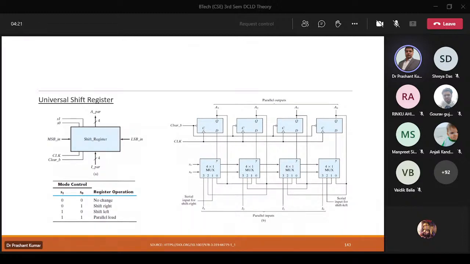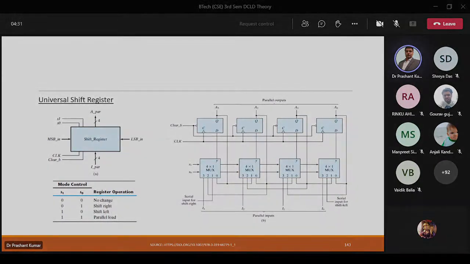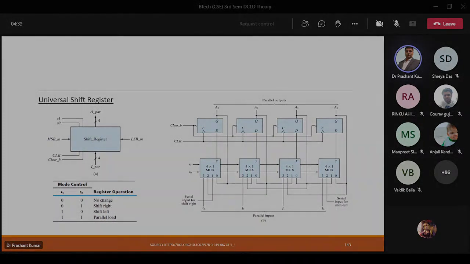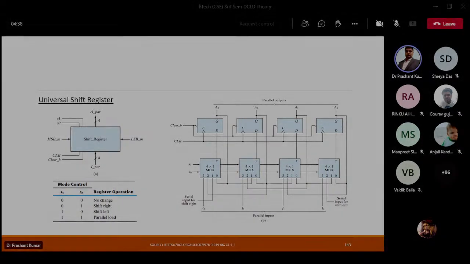And if parallel load capability is added to a shift register, then whatever data you entered in parallel can be taken out in serial fashion by shifting that data into the register.